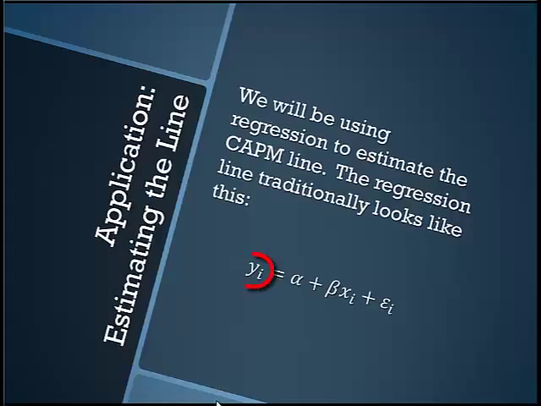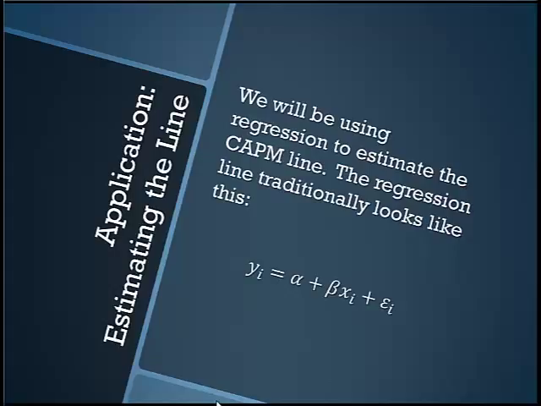We have y sub i, whatever we're trying to estimate, as a function of an intercept term, which we're going to call alpha, plus beta times x sub i plus some random term, epsilon sub i. We have to use alpha, beta, and epsilon, because if we put letters in there that you'd be more comfortable with, it would look easy. But really all this is a straight line, and I'm going to show you that in just a sec.